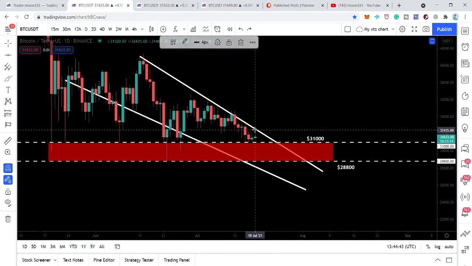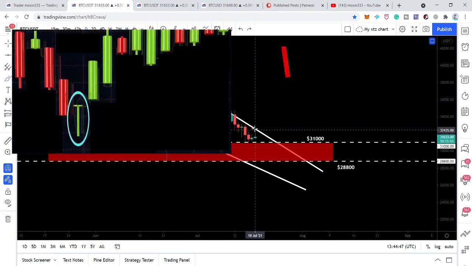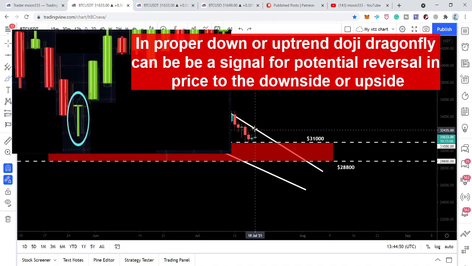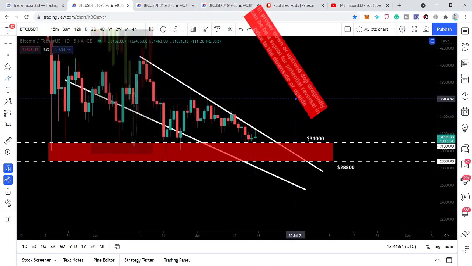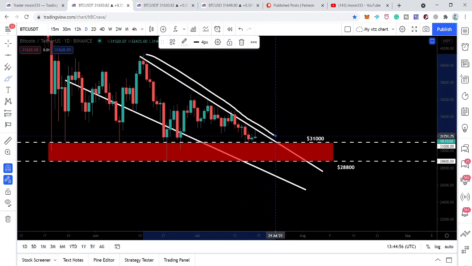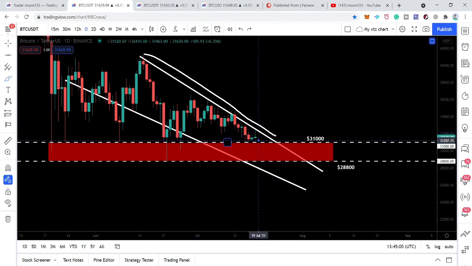While moving to this resistance, a doji dragonfly candlestick has appeared. That is a trend reversal candlestick, and we can see that we are in a proper downtrend. While moving towards the downside in a proper downtrend, if a doji dragonfly candlestick appears, that is a trend reversal signal.